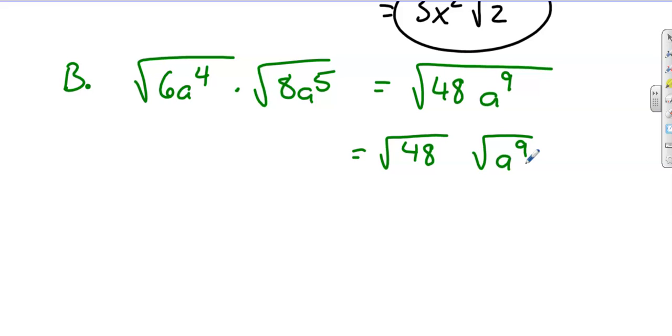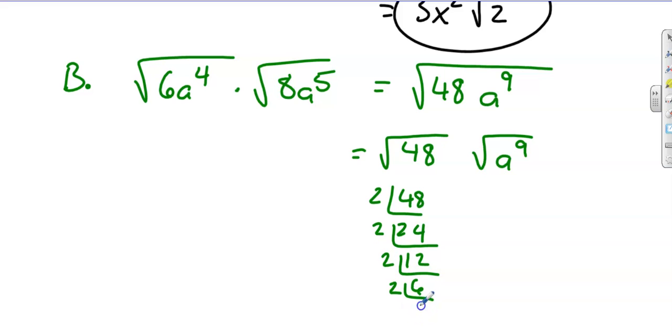I think we've done 48 a couple of times. If you start breaking it down with the 2's, it's 2 times 24. 24, you can rewrite that as 2 times 12. 12, you can make it 2 times 6. 6, you can make it 2 times 3.